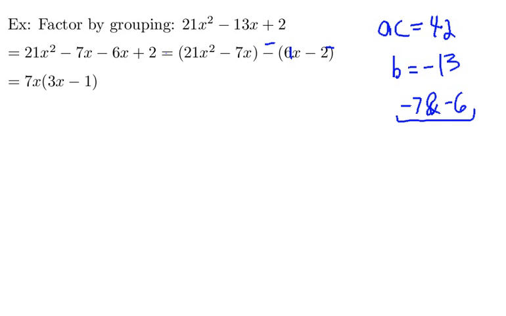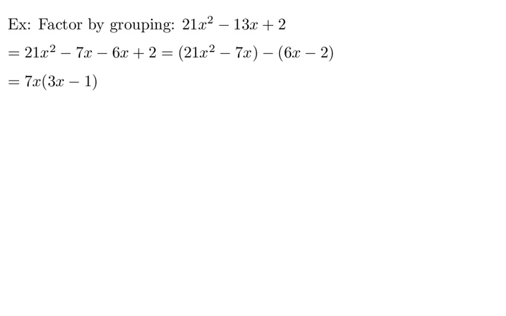Oh shoot, I didn't mean to get rid of all that. Well, it doesn't matter. At any rate, 21x squared minus 7x minus 6x minus 2. So now I can factor out a 2 from this, but I'll still have a negative right here, so we'll still have a minus after this. So 2 and then 3x minus 1.